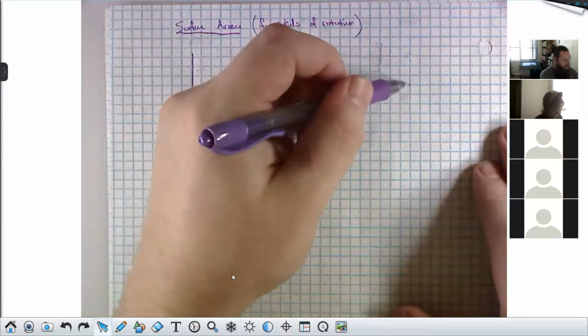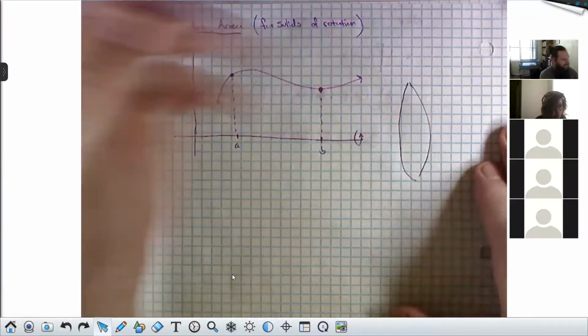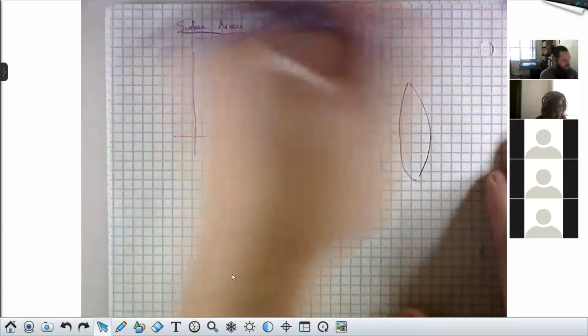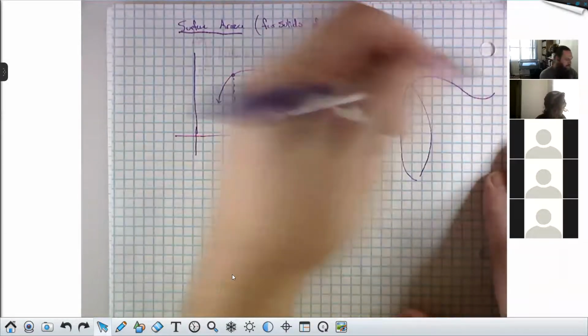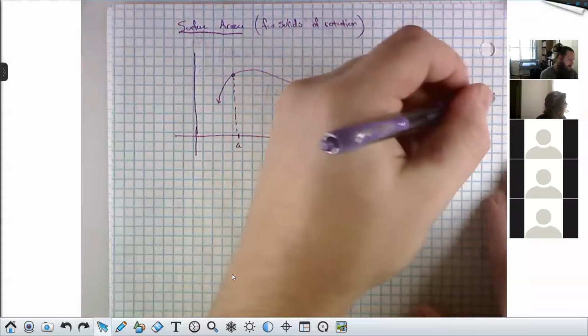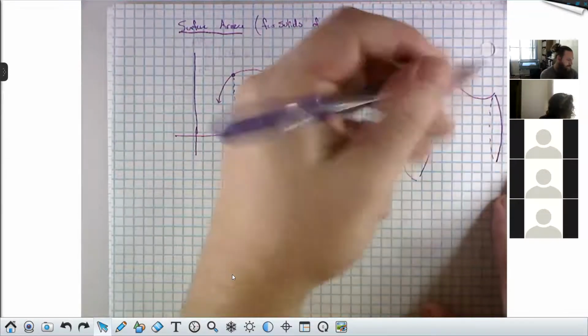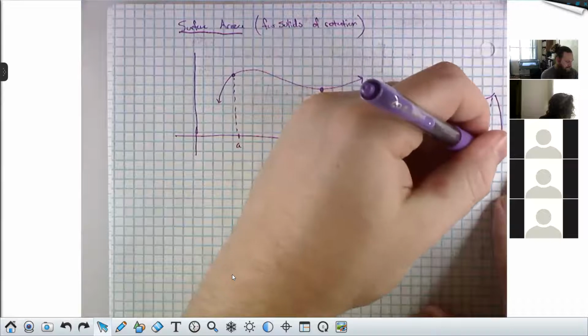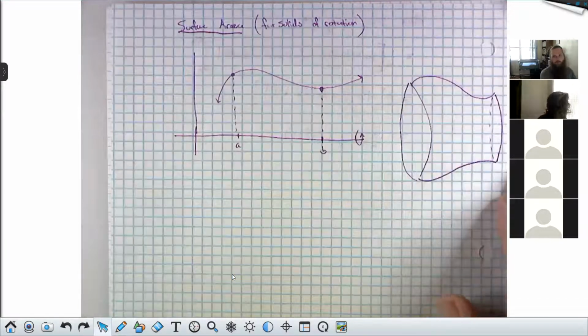I'll do my best to draw it here. Looking something like this, kind of like a flower vase on its side.